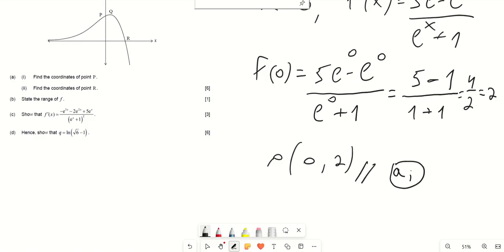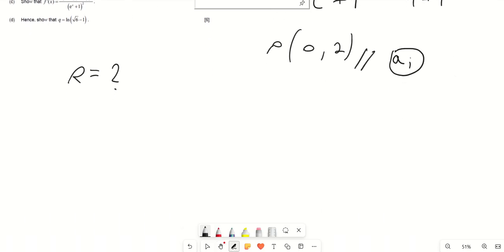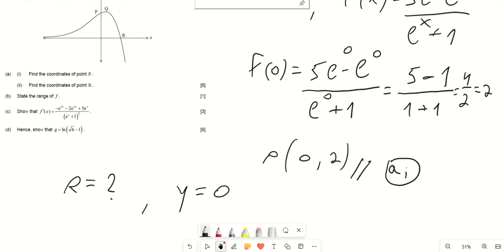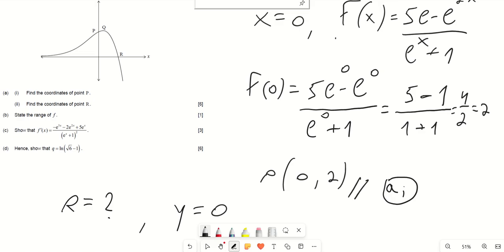Now I have to find the coordinate of R. R is the intersection with the x-axis. So now I have to plug in y equal 0, because on the x-axis the height, the y value, is 0. So I have the function right here, and I have to substitute f for 0.